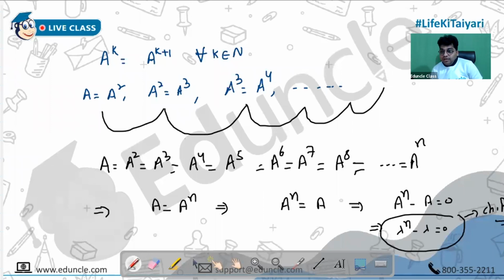In this way, in the matrix, you are saying that this is the characteristic polynomial. Is it clear? So this is not possible, because what is the characteristic polynomial of this matrix?